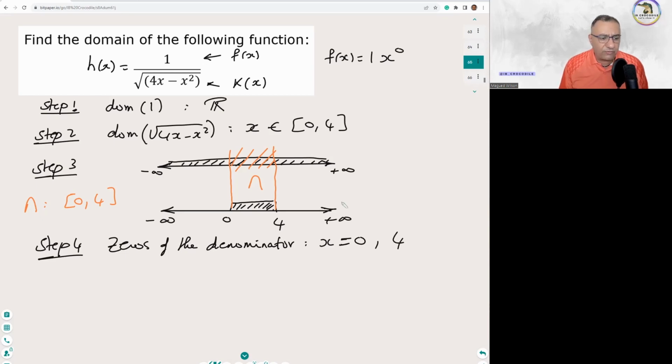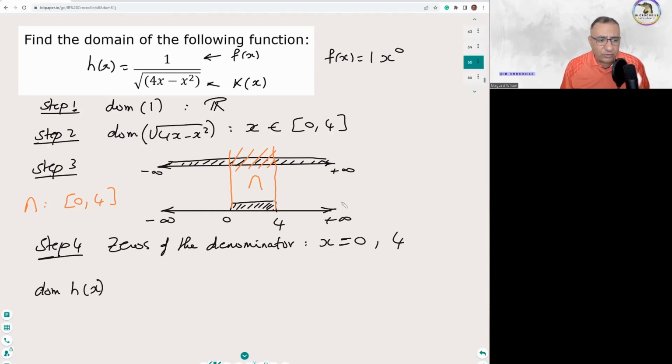Okay, so therefore the final domain of h of x is going to be the intersection excluding the zeros of the denominator. This is the typical approach to find the domain of any quotient function, that means two functions divided by each other.